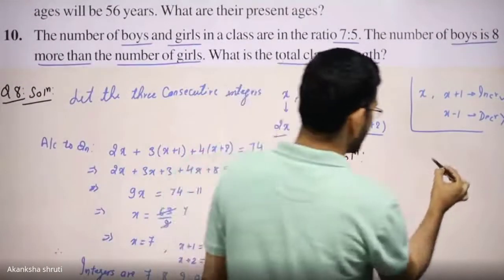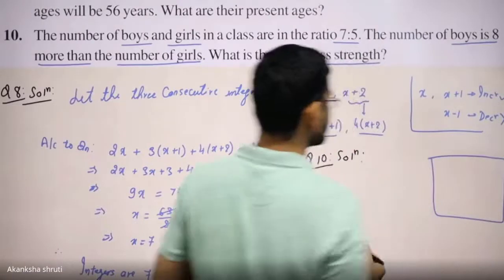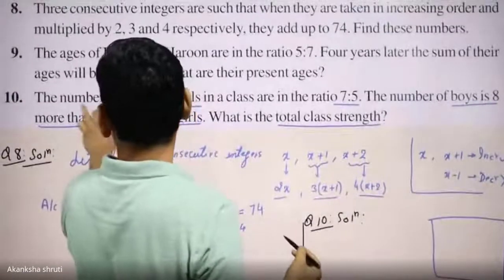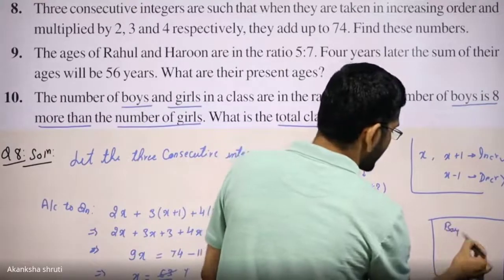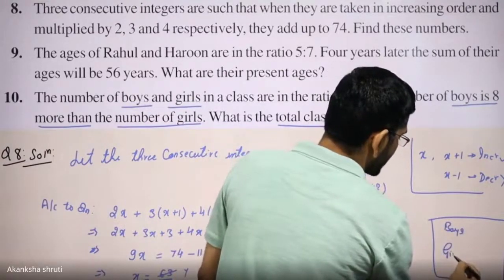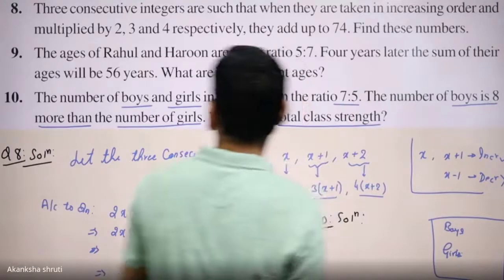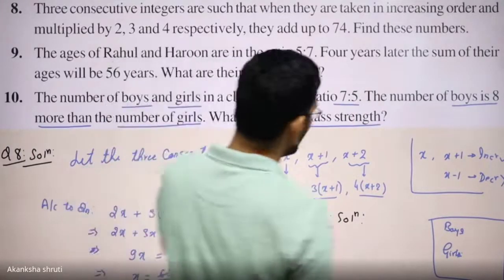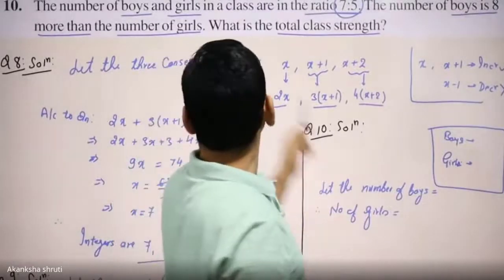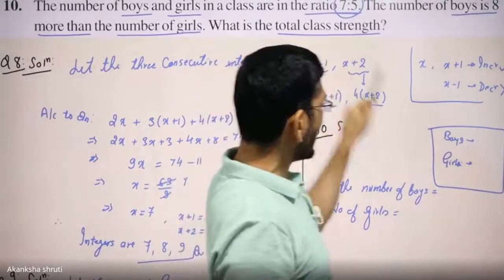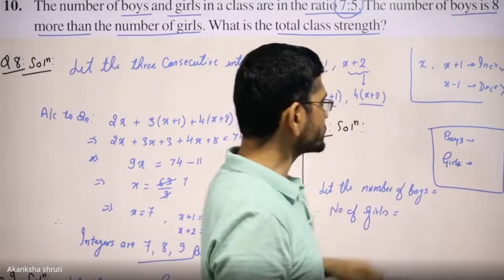Consider that you have some class. It is given that some number of boys will be there, some girls will be there. It is given that their ratio is 7:5. We are given that the ratio of boys and girls is 7:5.